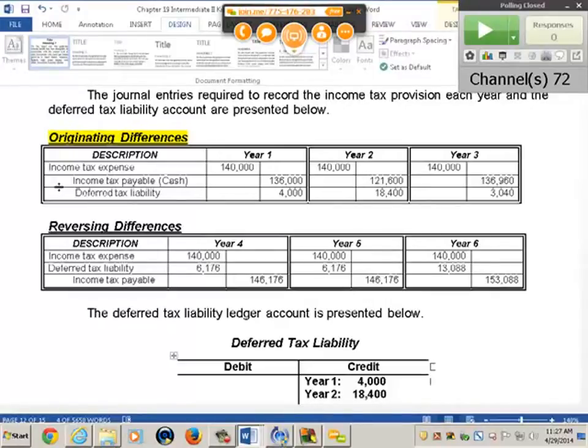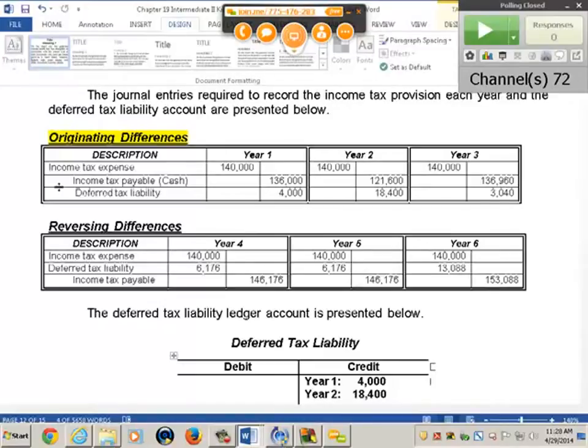In operating activities, your net income is going to be reduced by $140, but the deferred tax provision is a non-cash expense, correct? So look at that first entry. The deferred tax provision is a non-cash expense.